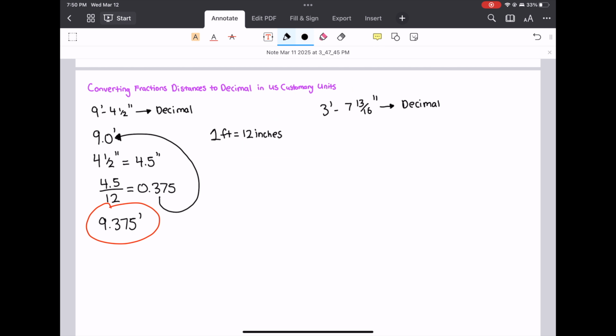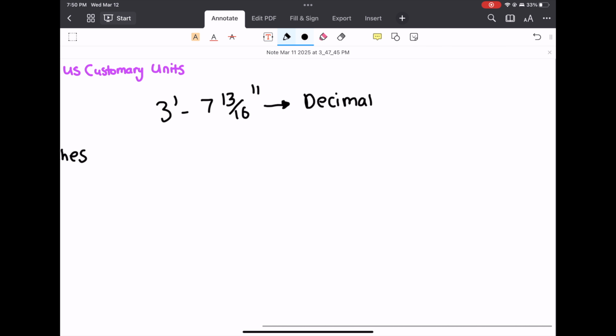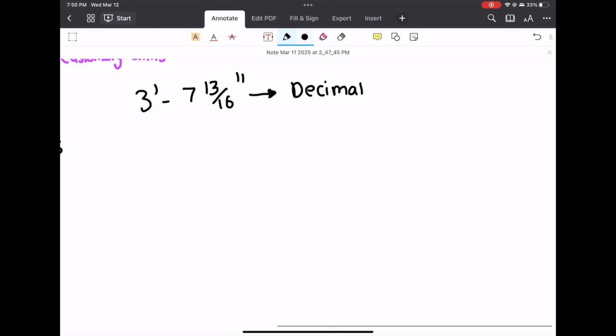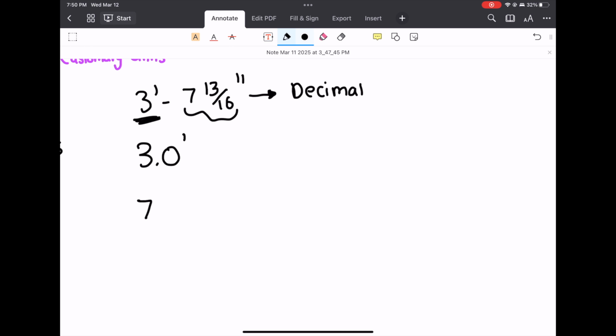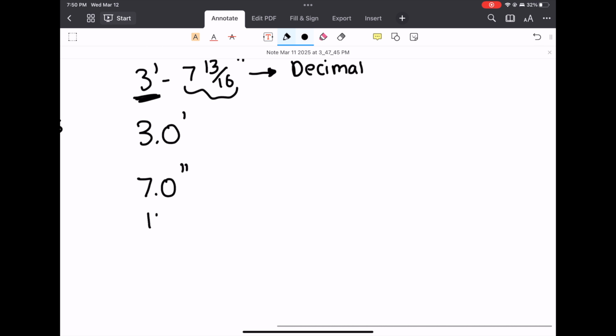Okay, now let's go to the second example, the fraction. We have 3 full feet, so 3.0. Now we look at the 7 and 13/16 inches. We have 7 full inches, and then 13/16 inches.